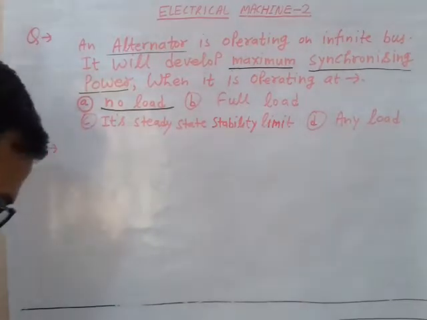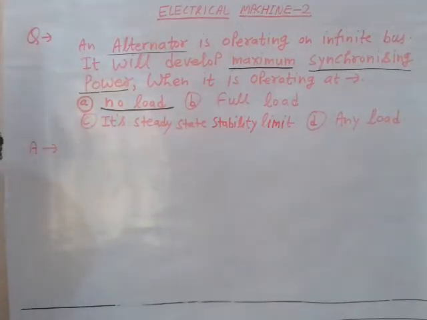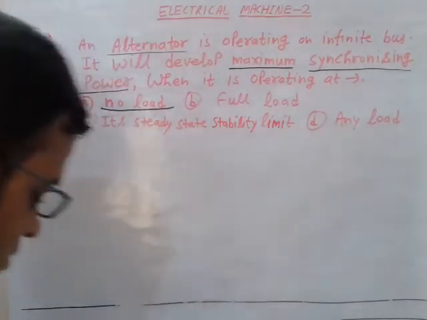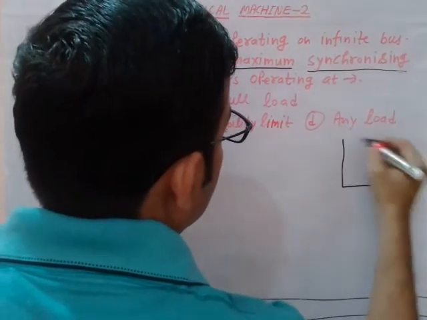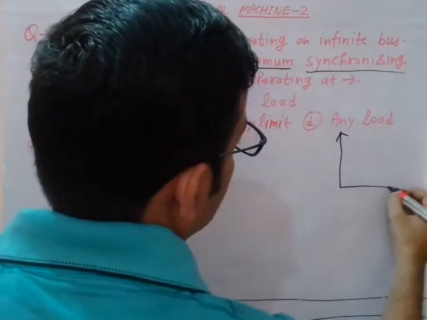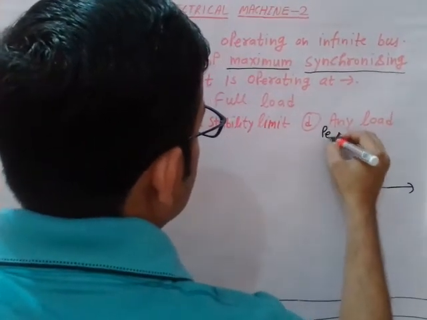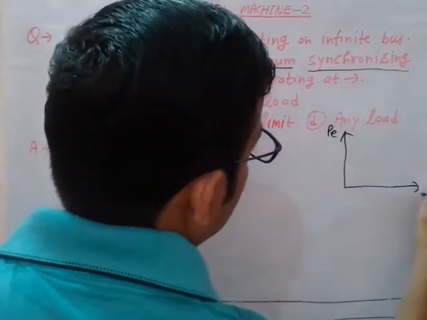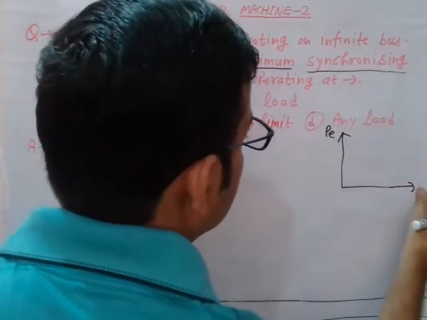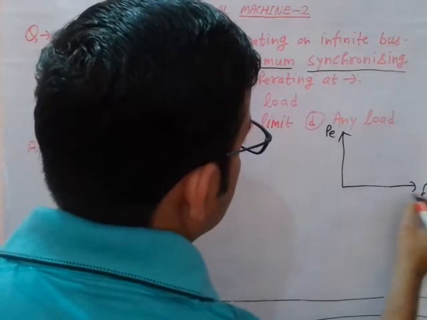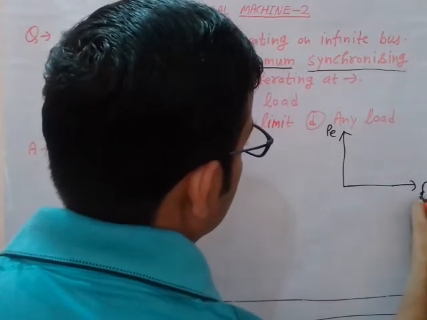So you know that on the power angle characteristic you have studied, on the vertical axis I am plotting the electrical power, and on the horizontal axis I am plotting the load angle delta.